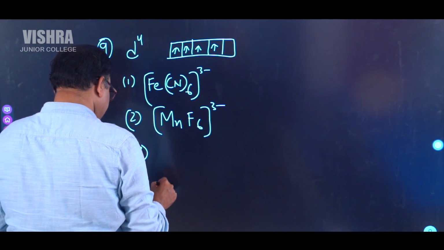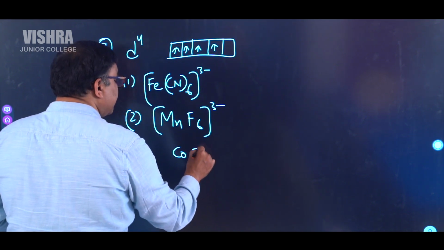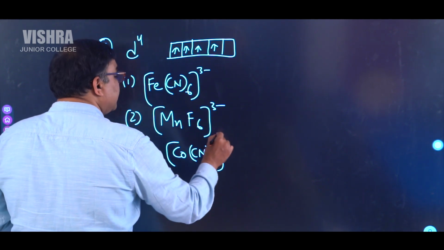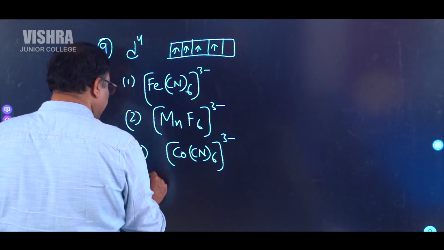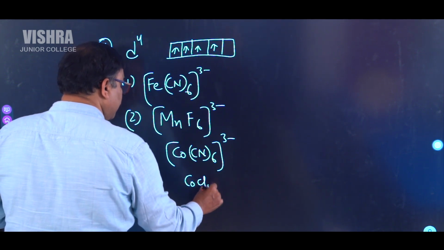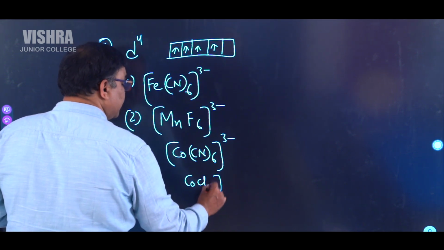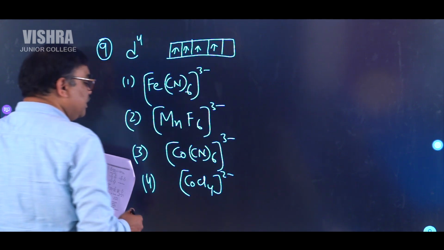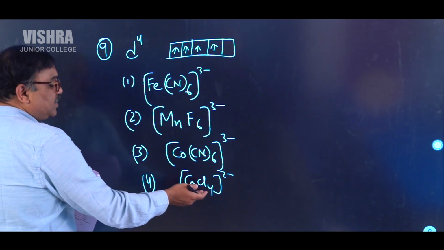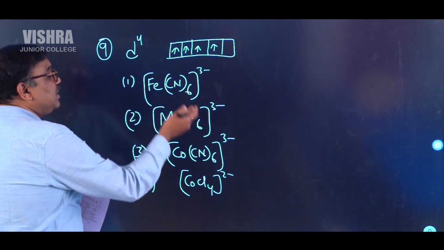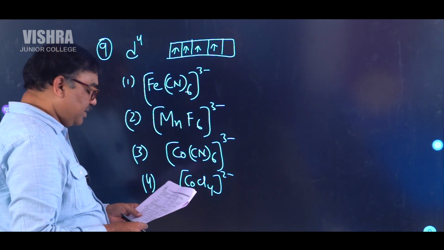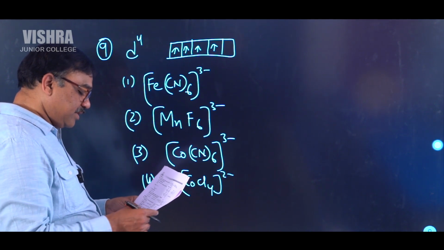Third one is Co(CN)6 3 minus, and fourth one is CoCl4 2 minus. So this one is tetrahedral. These 4 tetrahedral are square planar. We have to understand that. Here ligands are 6, so it can be octahedral in shape. So let's see what will be the answer.